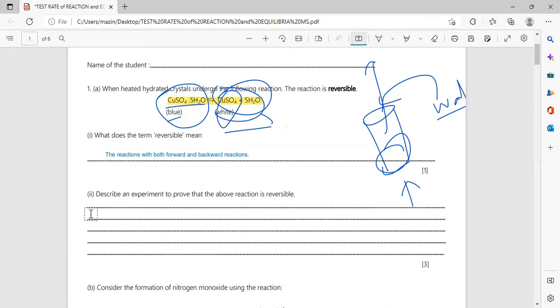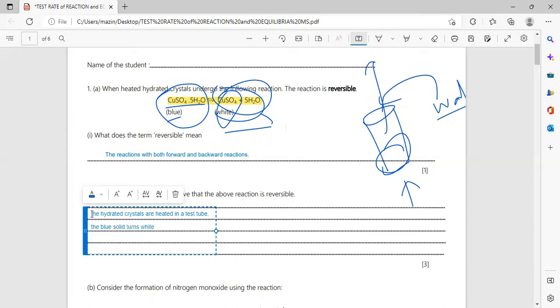The hydrated crystals are heated in our test tube. Then the observation will be that the blue solid, the crystals, turns white. The observation is very important to score marks.